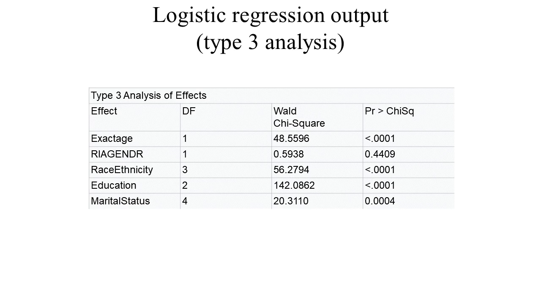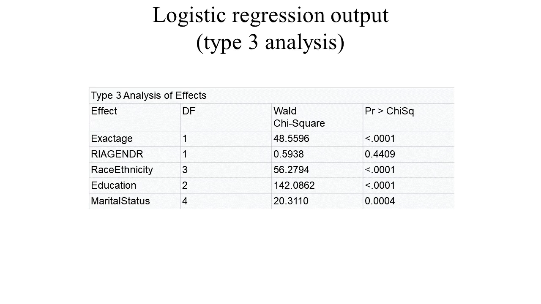Another major table in the SAS output of the logistic regression is labeled Type 3 Analysis of Results. The rightmost column shows p-values for numerical and categorical variables. The same p-values for numerical variables such as age, and dichotomous variables such as gender, are shown in the table titled Analysis of Maximum Likelihood Estimates shown 2 slides before.